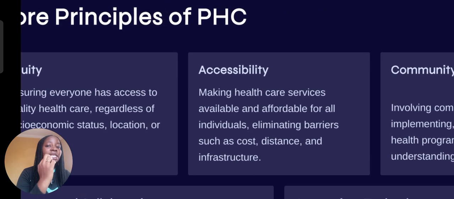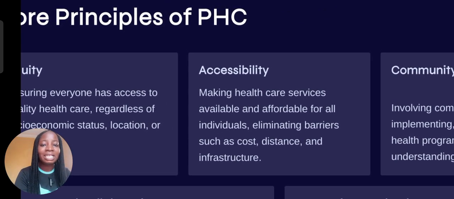The next one is the ability to access these healthcare services that are their fundamental human right. Okay, so it involves making these services available and affordable for those in the community. It's not just saying, okay, there's primary healthcare services, but can everyone access these healthcare services?